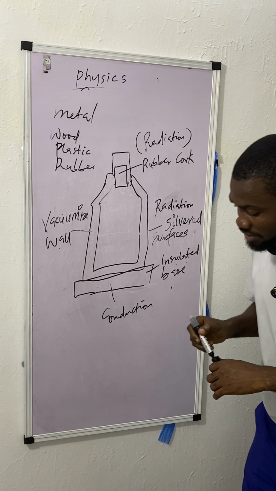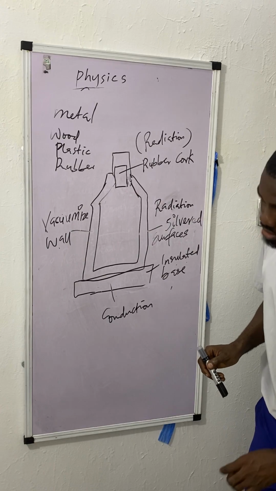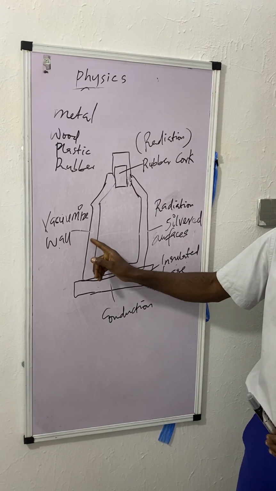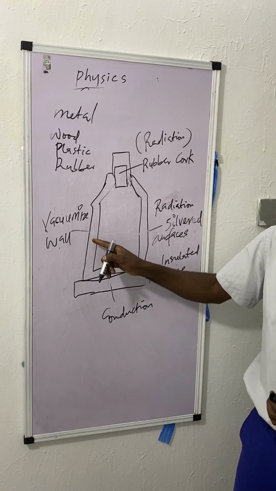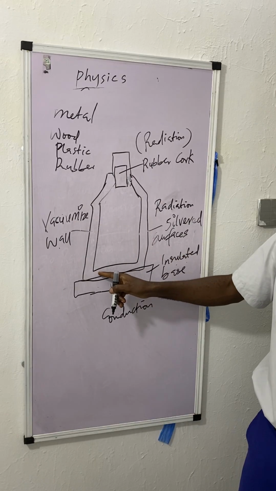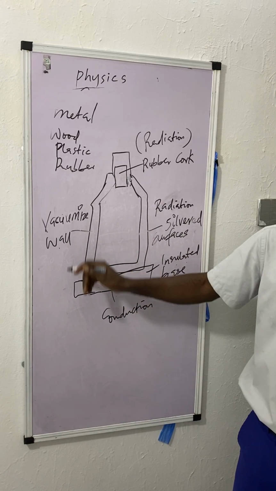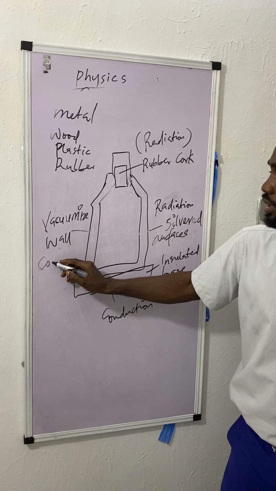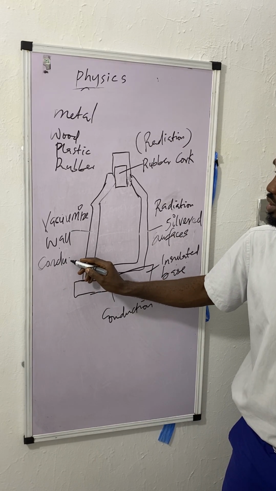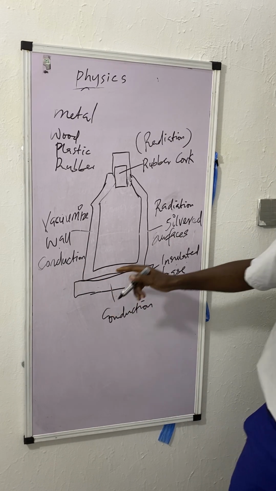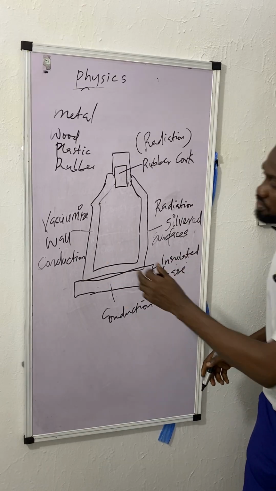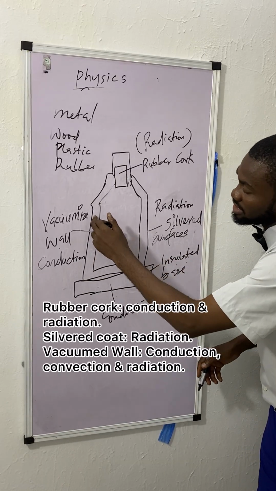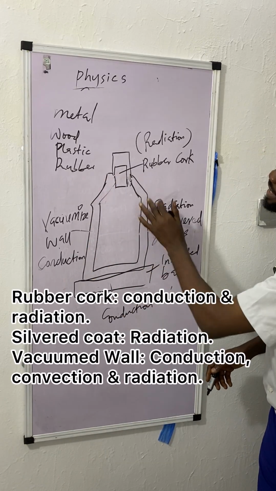Then for the inner vacuumized layer, it prevents heat loss through conduction, because it's preventing heat loss through contact. It's separated. So even if heat escapes, it will remain in this vacuumized area.